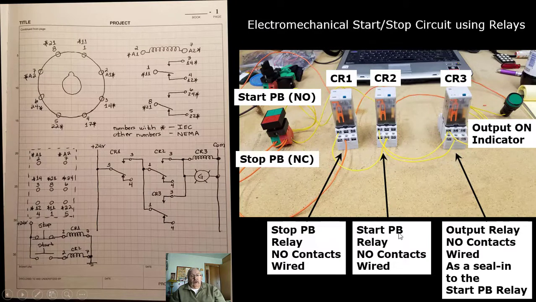CR2, which is the start relay, normally open contacts wired. CR3, which is the output relay, normally open contacts wired as the seal in across CR2, and just an indicator. So that's the circuit that's wired.